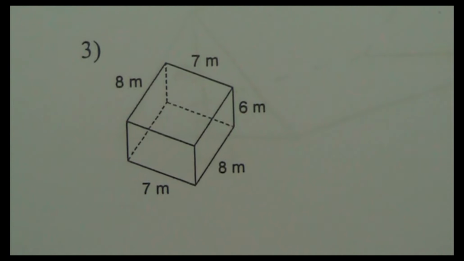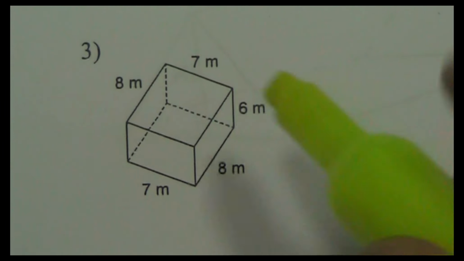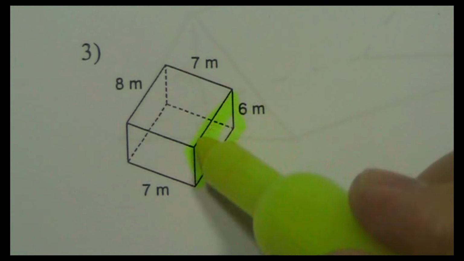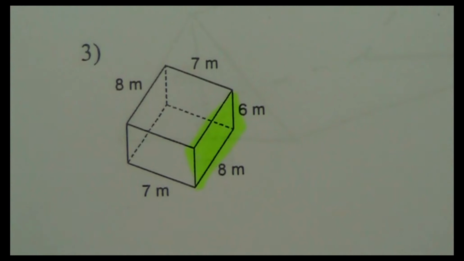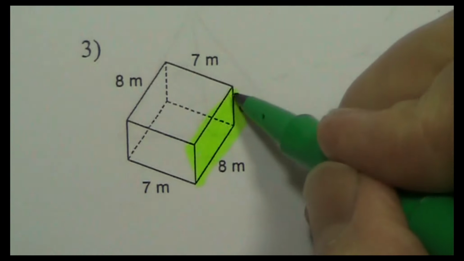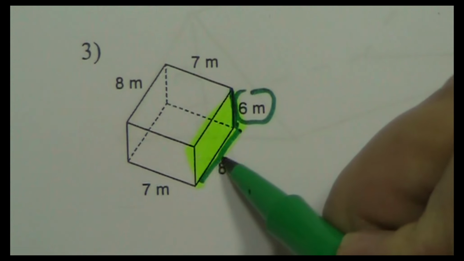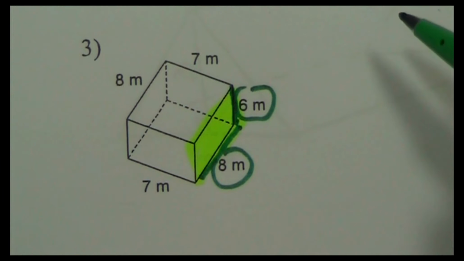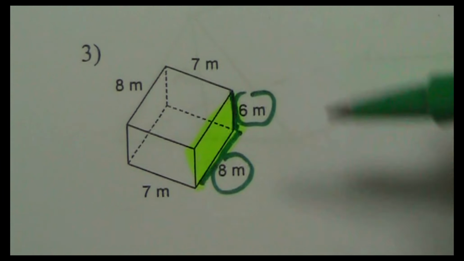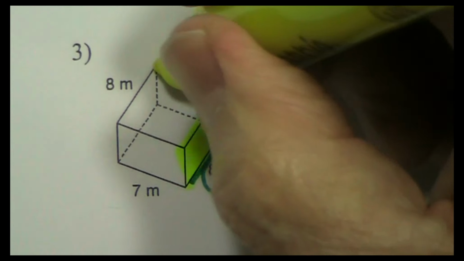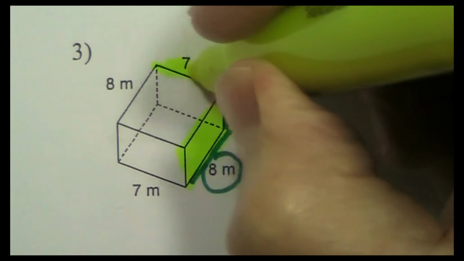Okay, let me pick a side that I'm going to use. I think I'm going to use this right here. This rectangle. And notice that this rectangle, this side is 6, and this side is 8, right? And how long is it? You know, it's going that long. That's 7.